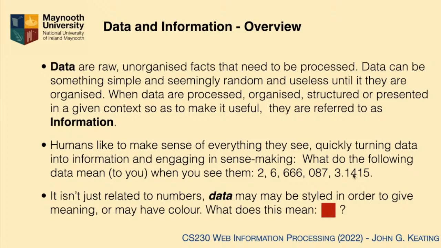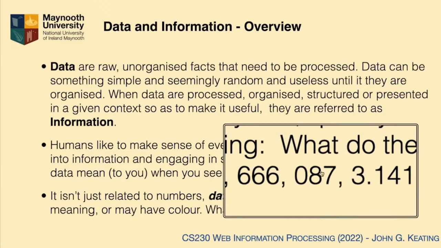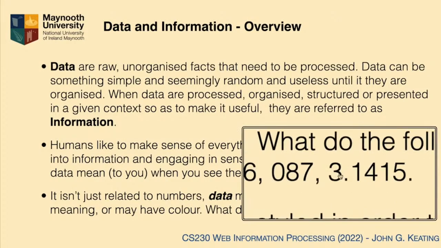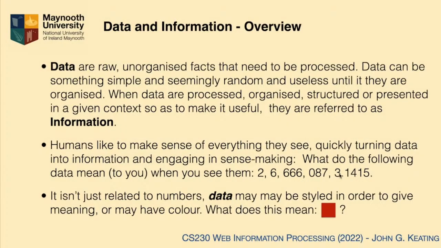But do they have meaning for you? Some of them have meaning for me. You could look straight away at 087 and think, well, actually, that's a prefix dialing code, for example. This one, 3.1415, could be pi.